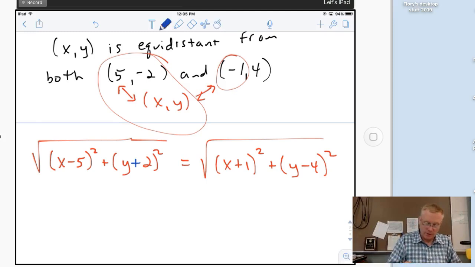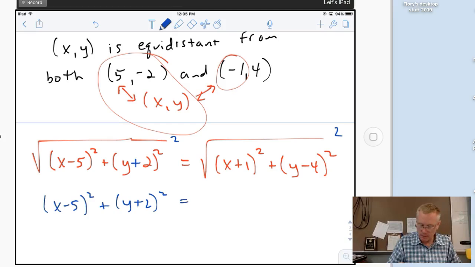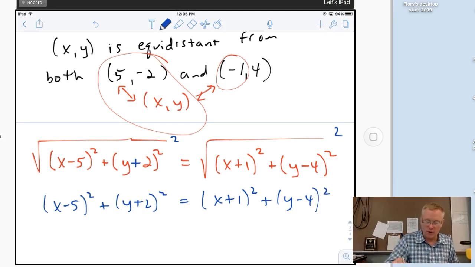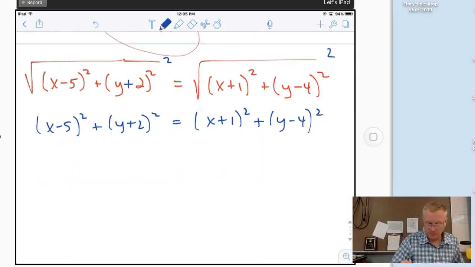So first thing is, if I square both sides and I get rid of these radicals, then I'm left with x minus 5 squared plus y plus 2 squared equals x plus 1 squared plus y minus 4 squared. Now I got to multiply all these things out. So first one is x minus 5 squared.